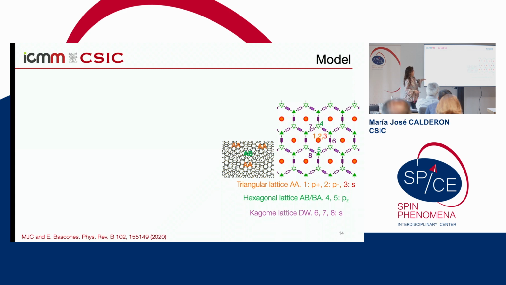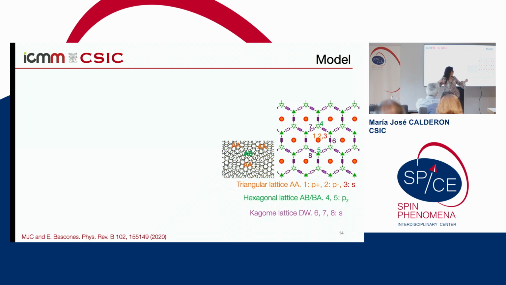Okay, so these are the Wannier functions that we have. So we are talking about orbitals, but these are effective orbitals that live in the Moiré lattice, okay? So this is the Moiré lattice with the AA regions in which you have this AA stacking and then these AB regions, okay? And the orbitals that I'm talking about are effective orbitals that are huge.